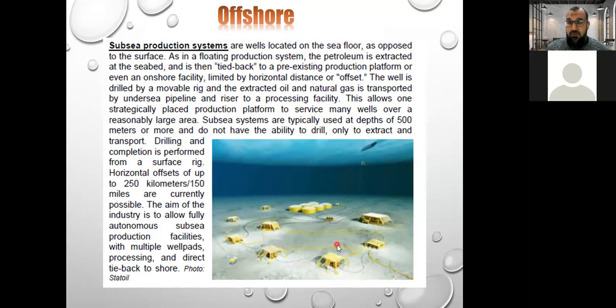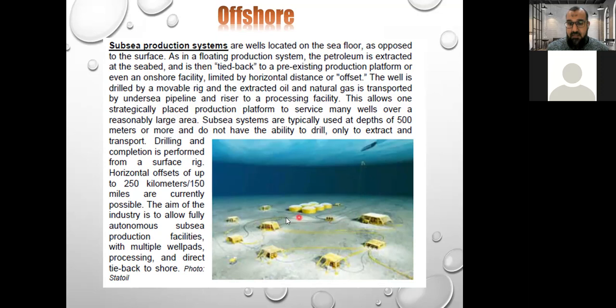So in the floating production system, when we need to extract petrol from the seabed, we need to have many production systems on the subsea. And for transportation, if you want to extract oil and transport it to another location, you have to have some undersea pipelines and risers.